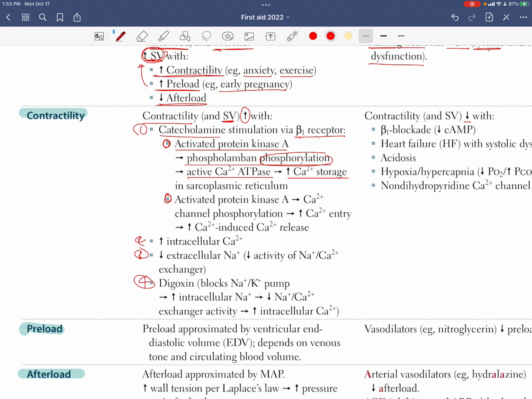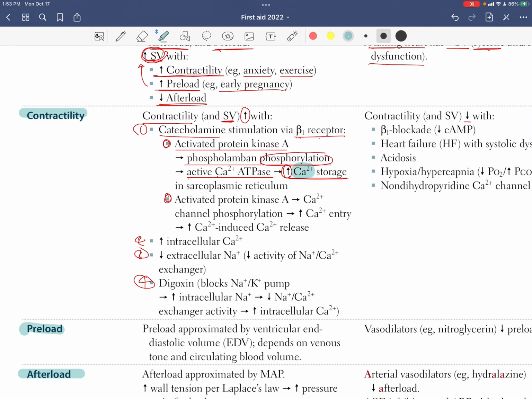After the activation of protein kinase A and this phosphorylation process, the calcium ATPase channel is activated, which is responsible for increasing the calcium inside the calcium storage inside the myocytes, the muscle cells of the heart.